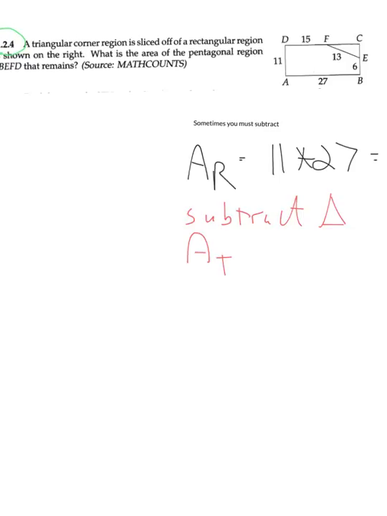We have to figure out two parts to it, right? We have to figure out the base, and if you think about it, this side is 11, and from E to B is 6, so it means that the base here is 5. The base is 5. Okay.